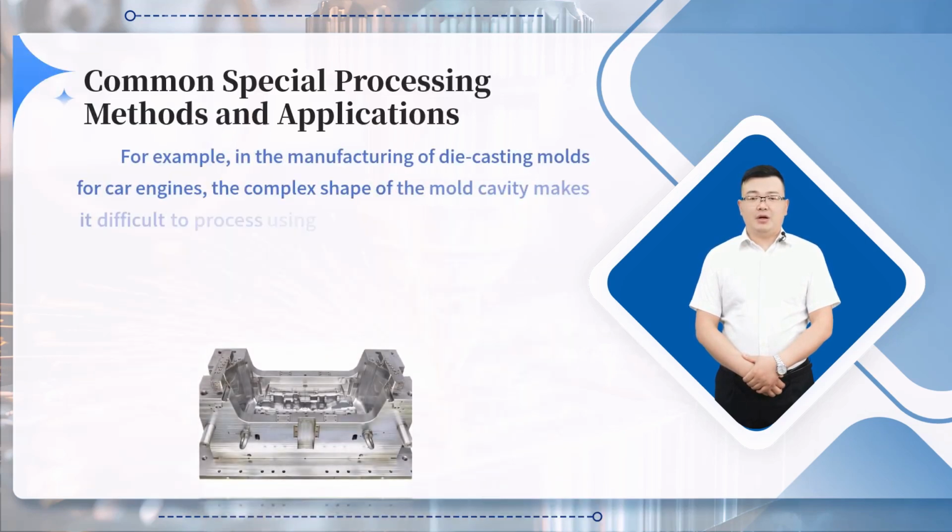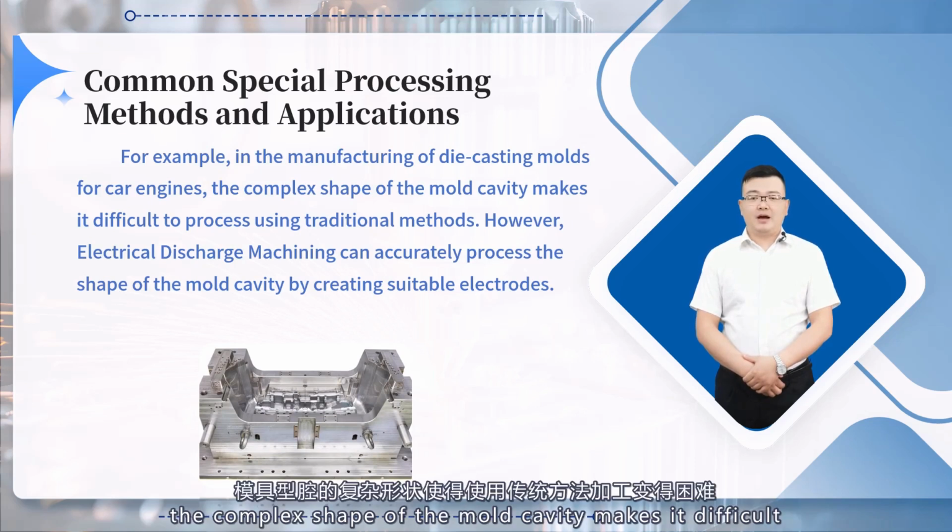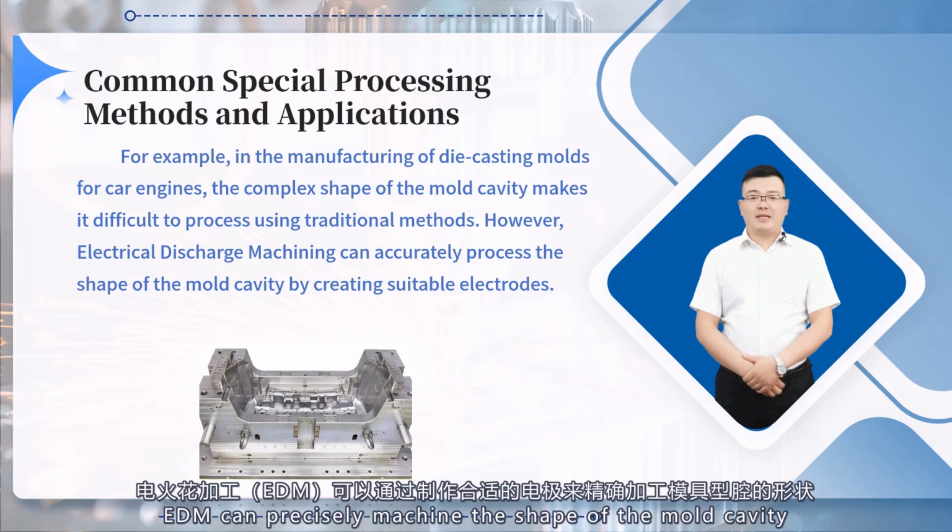For example, when manufacturing die casting molds for automobile engines, the complex shape of the mold cavity makes it difficult to process using traditional methods. However, EDM can precisely machine the shape of the mold cavity by creating suitable electrodes.